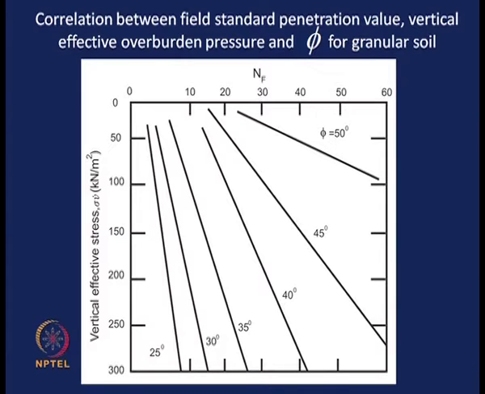By interpolating we can determine the phi value, and from here it is coming around 42 to 43 degrees. In this way, if we know the N value and effective overburden pressure, we can determine the friction angle of the granular soil by using this chart. There are other charts and other correlations also available.